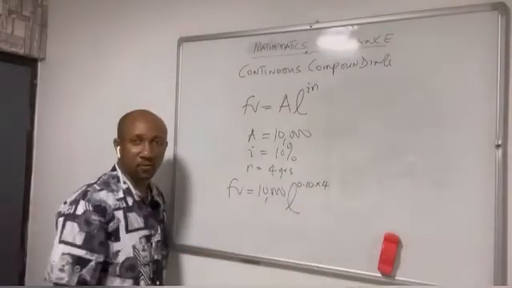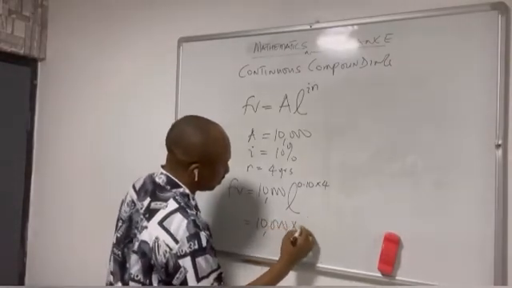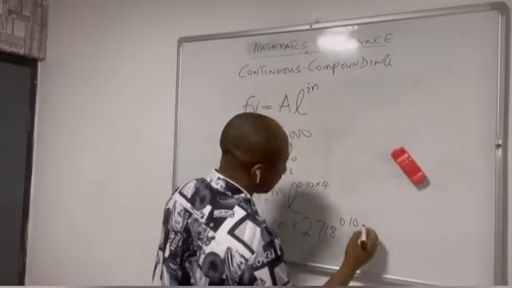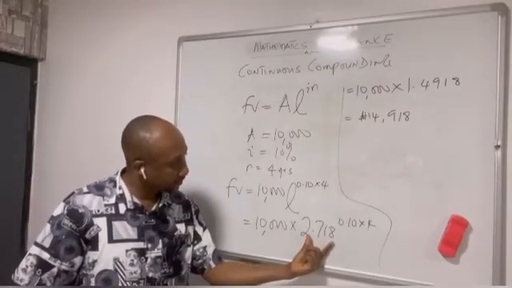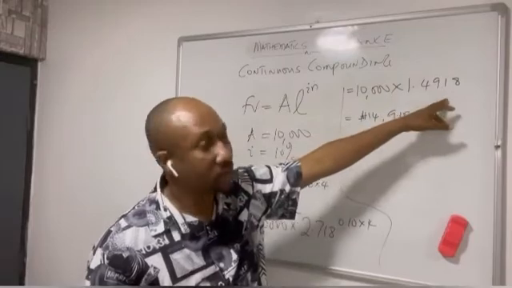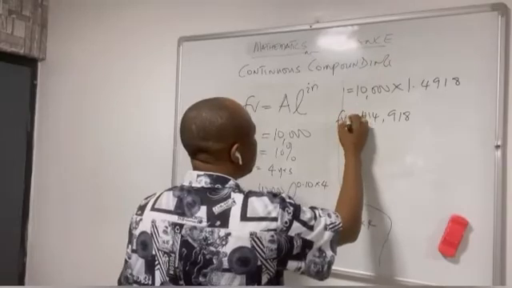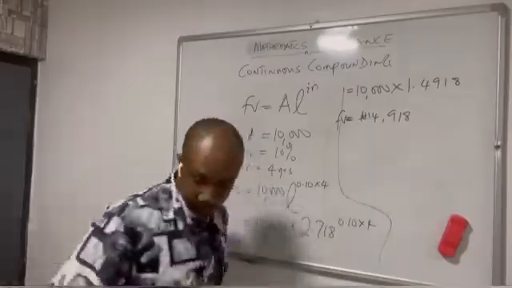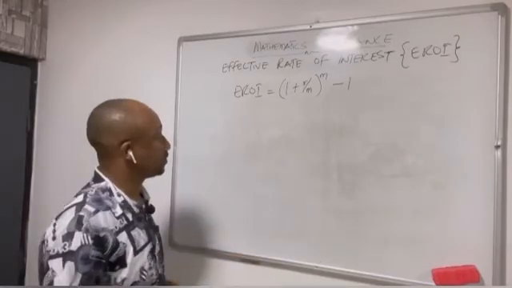The exponential factor, if you check your calculator, is the same thing as 2.718 raised to power 0.10 multiplied by 4. If we determine the value of 2.718 raised to power 0.10 times 4, we have 1.4918. Then if we multiply by 10,000, the future value of continuous compounding gives us 14,918.